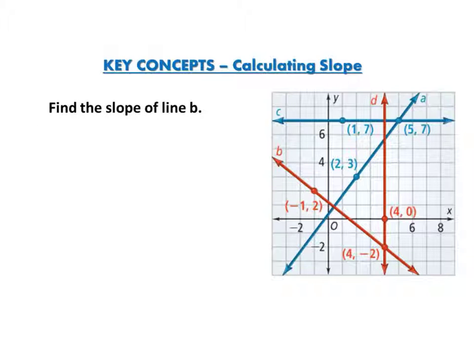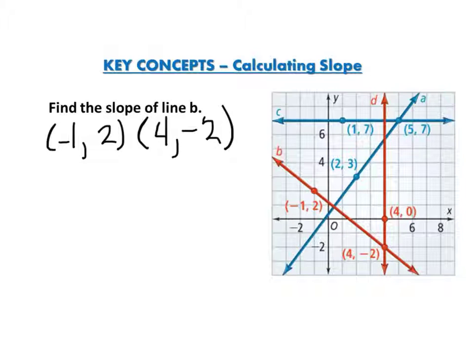Next, we're finding the slope of line B. I notice that it goes down to the right, so this means that the slope of line B is going to be negative. I'm going to look at the points on line B. We have (-1, 2) and (4, -2).